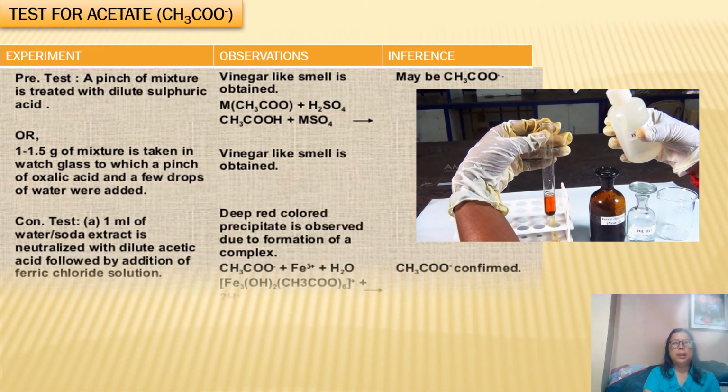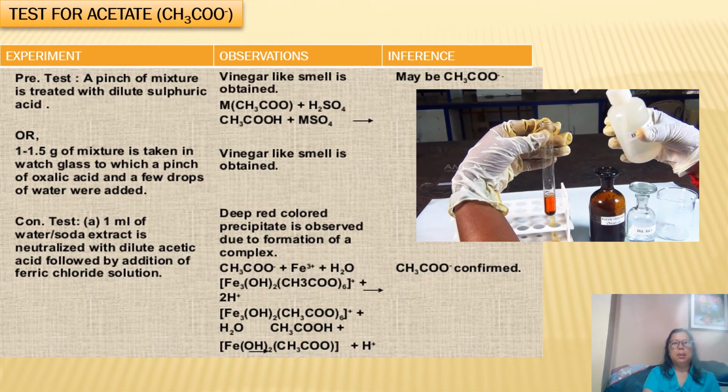So we have also another test for acetate. This is more popular for the test of the presence of vinegar. A piece of the mixture is treated with sulfuric acid, or if the mixture is taken in a watch glass, you simply add oxalic acid and a few drops of water.